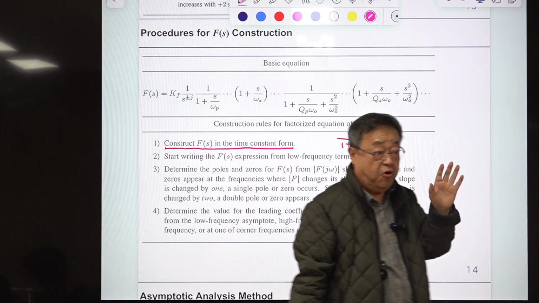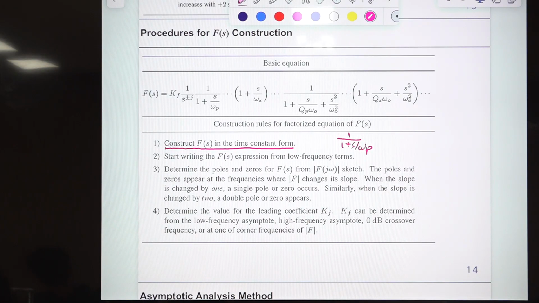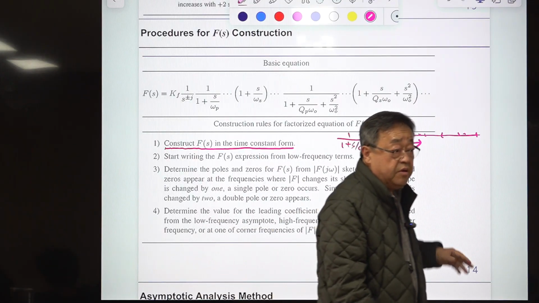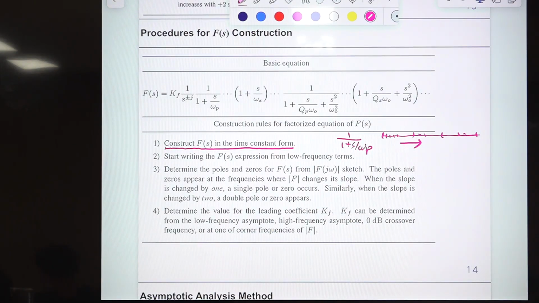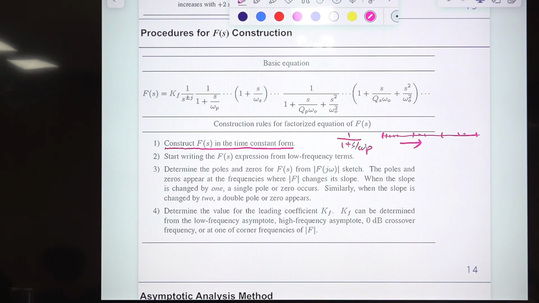So use this form, right? And do this from the low frequency. The way of going is, you start from the low frequency and move to the higher frequency, okay? And some details are also written down here. You don't have to read this now. Later on, after finishing 2 more lectures or so, go back and read this, okay? Then everything will be clear, okay?